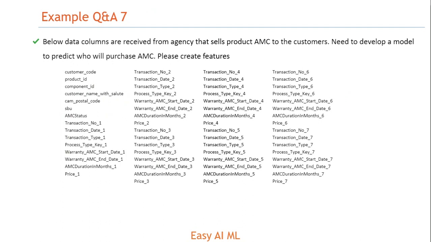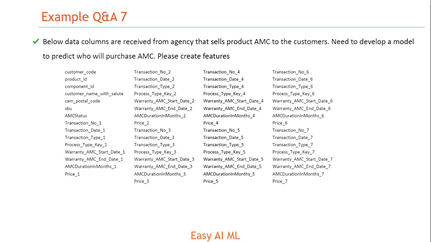Let us understand this with an example. Below data columns are received from an agency that sells product AMC to the customer. Need to develop a model to predict who will purchase AMC. So if you look at the data, this is an ABT data where there is a customer code, product ID, component ID, and transaction number 1, 2, 3, 4, 5, 6, 7.